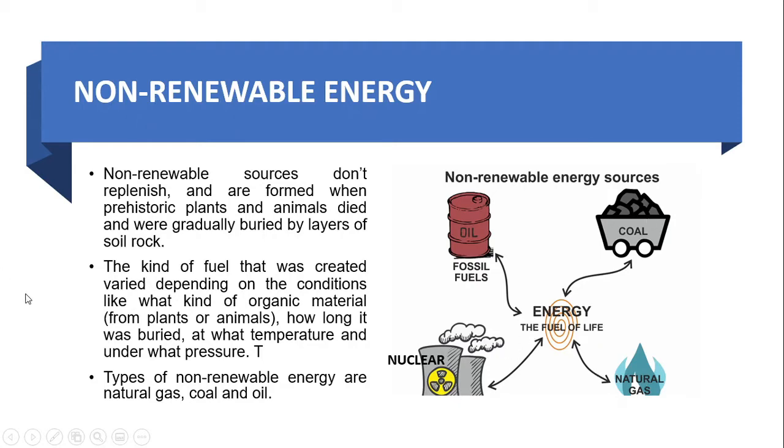The kind of fuel that was created varied depending upon the conditions, like what the material was at that time. Was it organic material of plants or the decay material of animals, and how long was it buried for, and what was the temperature and pressure which created those fossil fuels.